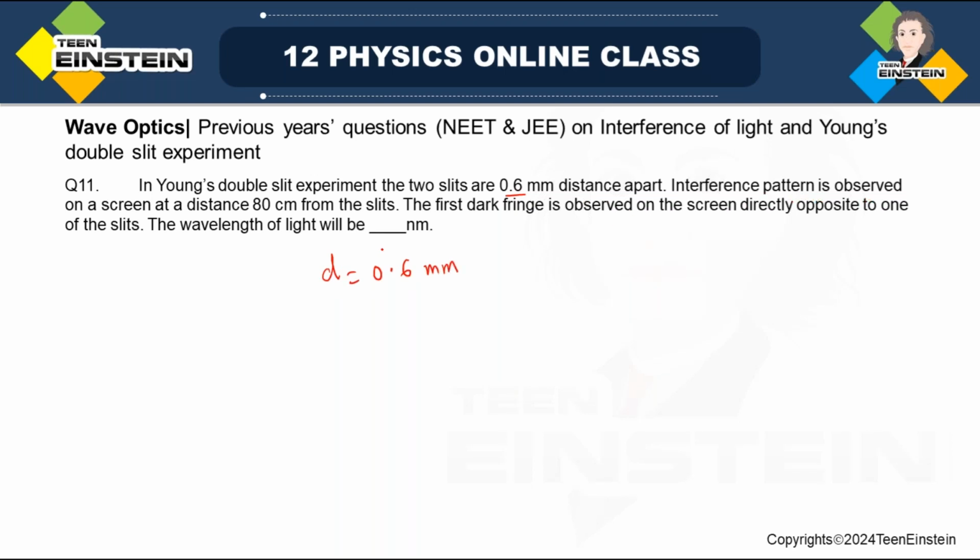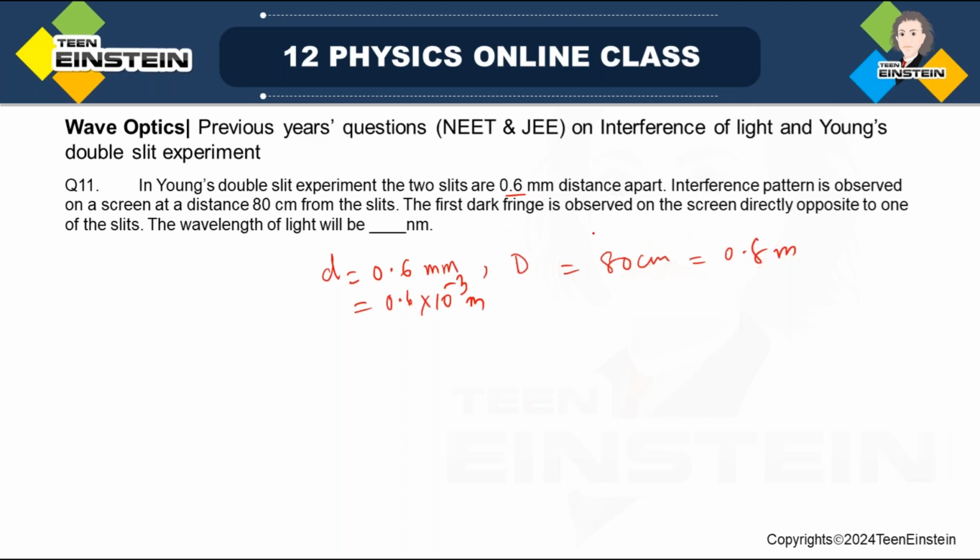Interference pattern is observed on a screen at a distance, that means capital D is given as 80 centimeter, which I can write as 0.8 meter. If I write in terms of meter, then it is 10 to the power minus 3, you have to multiply with this.